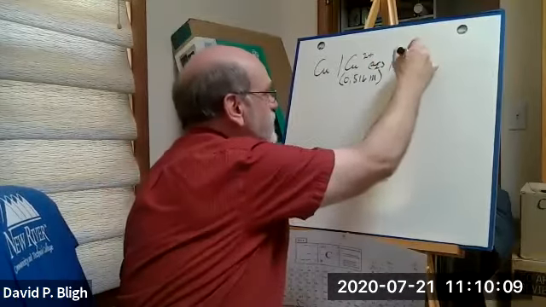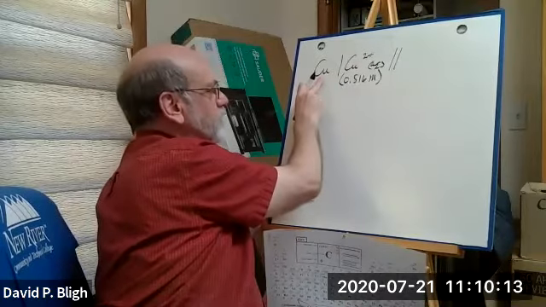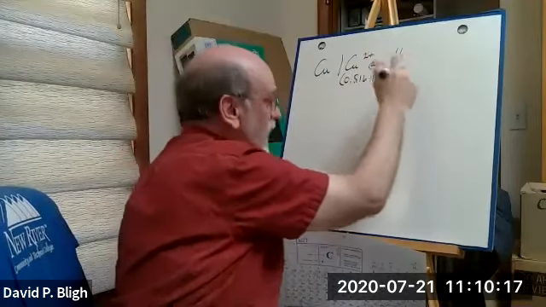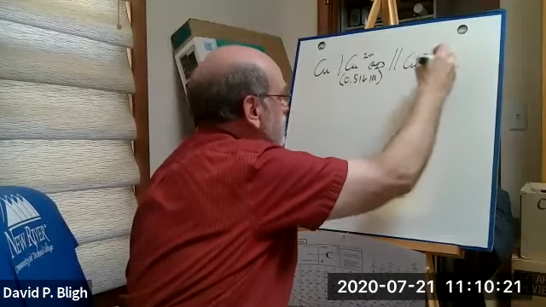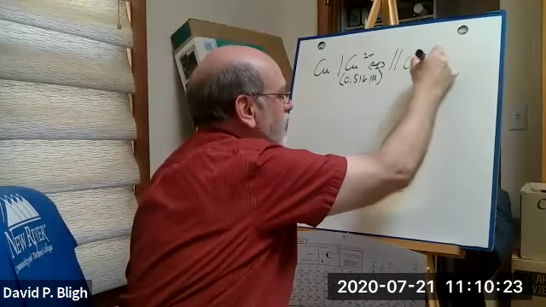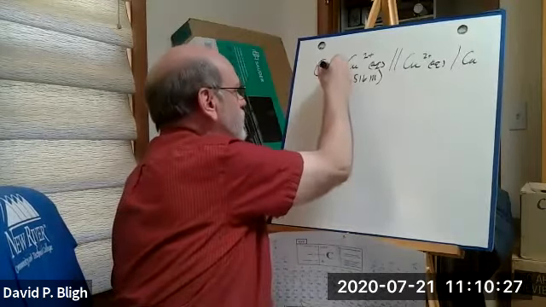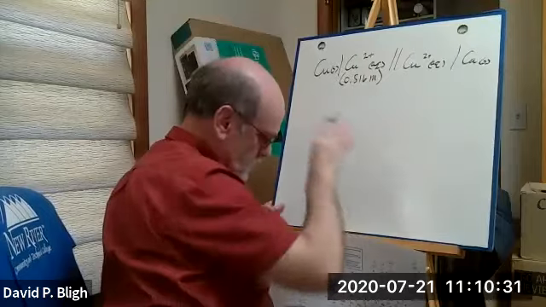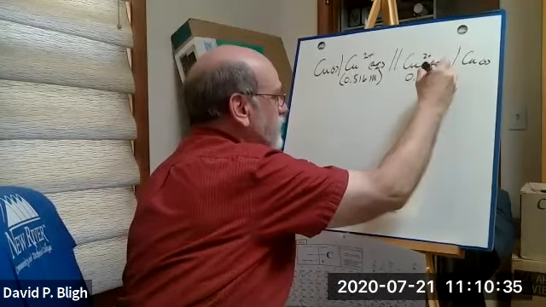And on this side, this is the anode. So this one is being oxidized to that one. And on the cathode side, this one is being reduced to that one. But the concentration on this side is 0.843 molar.